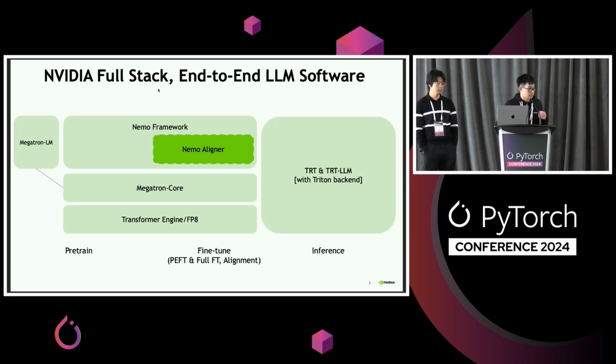Aligner builds on top of everything we're using, such as Transformer Engine and Megatron Core, which Megatron-LLM uses, and we build on top of that to do efficient alignment. This involves using parallelisms and high-performance training kernels, and we also take advantage of the inference stack we have at NVIDIA, in particular TRT-LLM, that Jimmy will talk about later on.